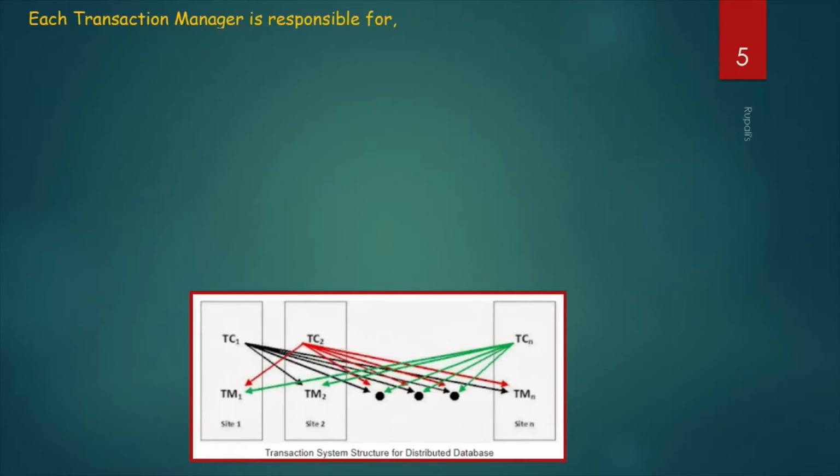So, each transaction manager is responsible for maintaining a log for recovery purposes. They maintain one log, meaning if any failure occurs during a transaction, then it is the responsibility of the transaction manager to maintain that log to recover the whole transaction process.